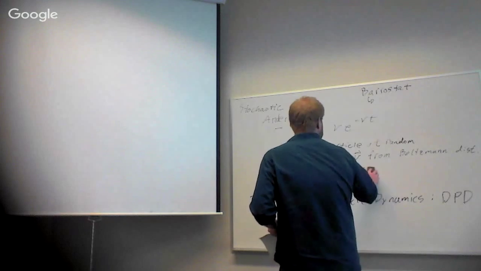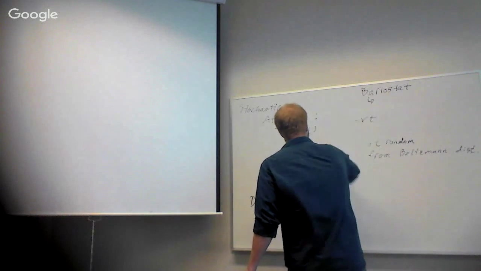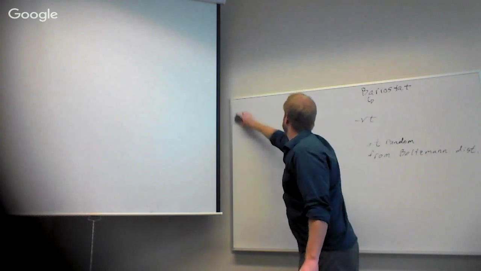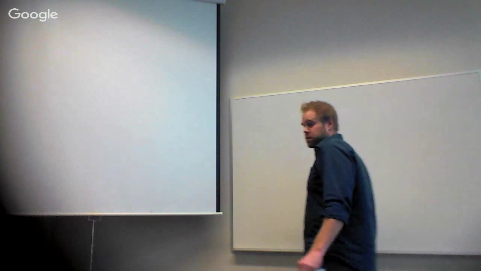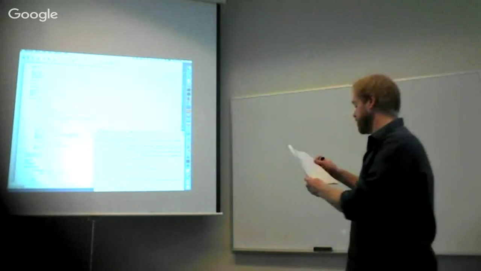So I really want to talk about this Langevin thermostat, and in fact, Langevin dynamics for the next little bit. Before I get there, I want to try to come up with a way of motivating what we're going to do now. And to do that, let's look at two different types of motion.